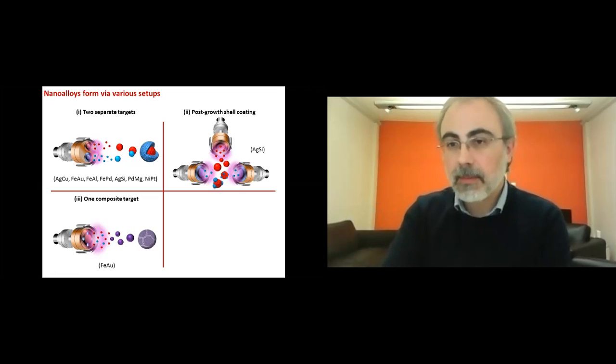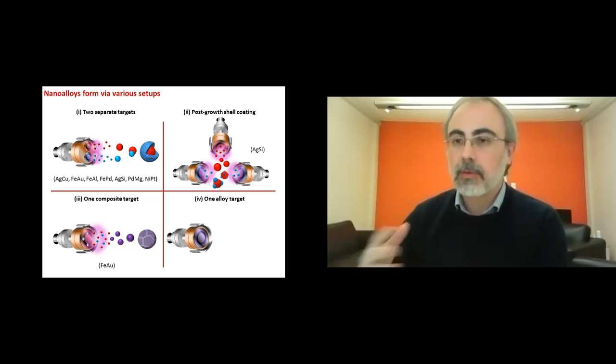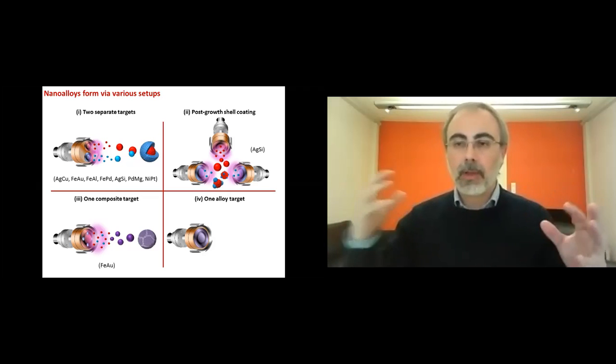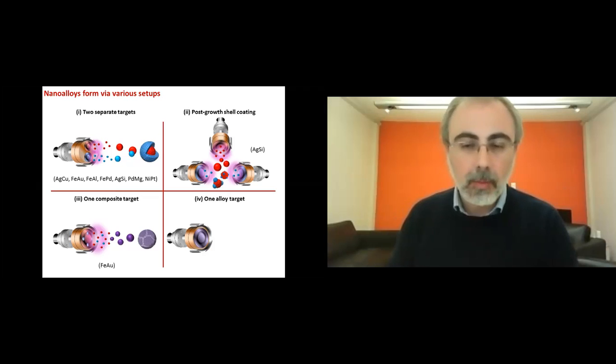You can have a similar setup if you use an alloy target. So in this case, I painted the target purple to indicate the mixture of blue element and red element. So when it's an alloy, it's purple. And in this case, it's quite similar with a composite target.